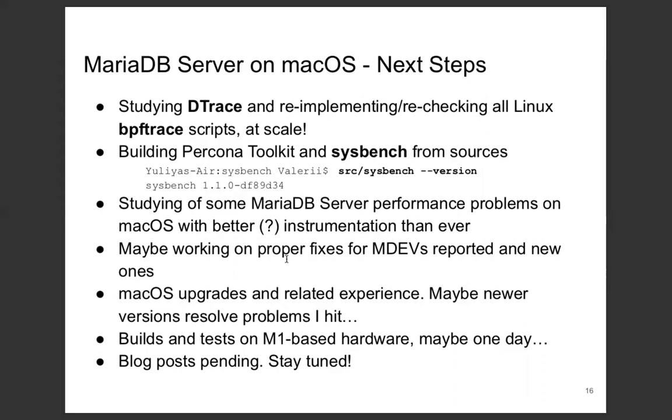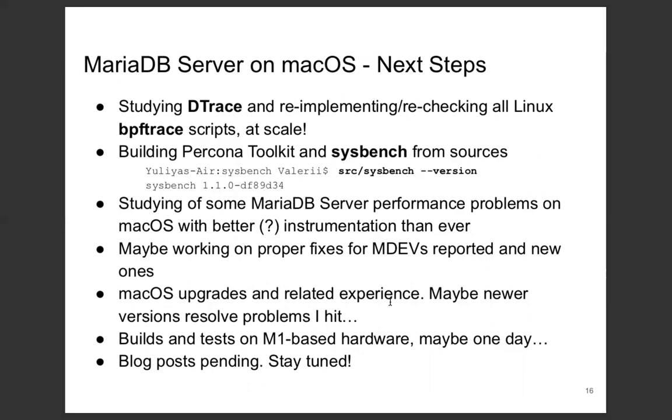I started to provide patches for some of the bugs that I reported. I'm going to report more with 10.7. There is yet another bug that I have not yet seen, found, or fixed, so it's not yet reported. I'm going to upgrade my macOS and maybe hit something new or resolve some problems easier.